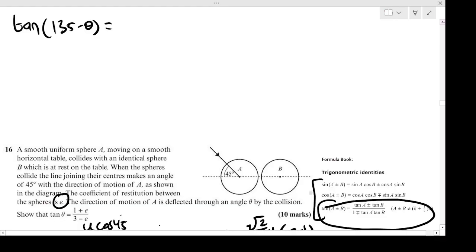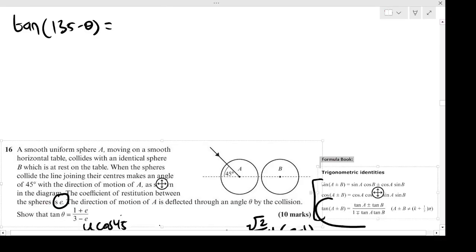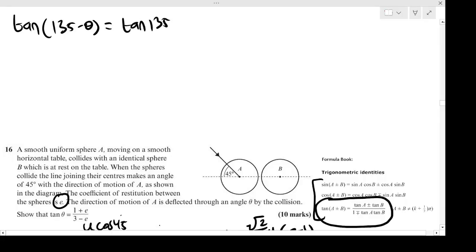Now, if you just look at the formula here, that will come to tan 135 minus tan theta over 1 plus, because it's the other way around, tan 135 tan theta.